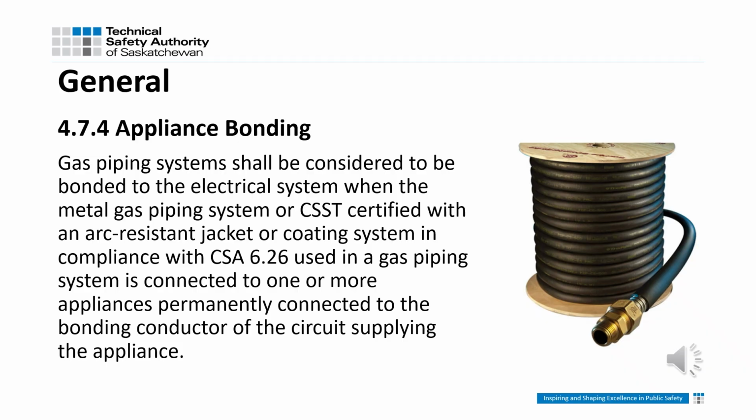The important parts of this clause are metal gas piping system or CSST certified with an arc-resistant jacket when the gas line is connected to one or more appliances permanently connected to the bonding conductor of the circuit supplying the appliance.